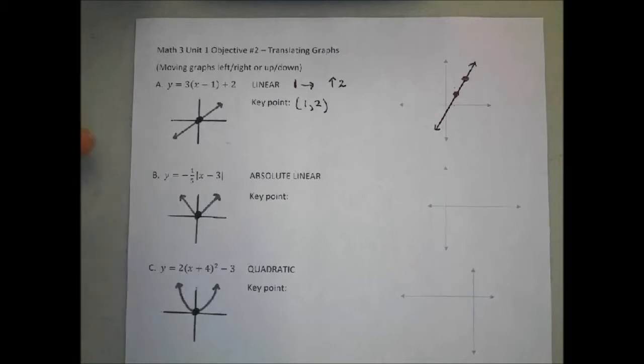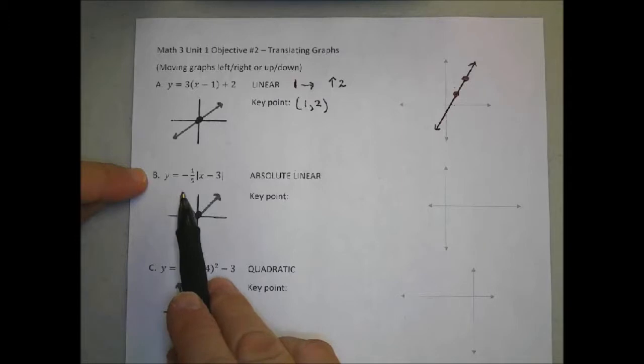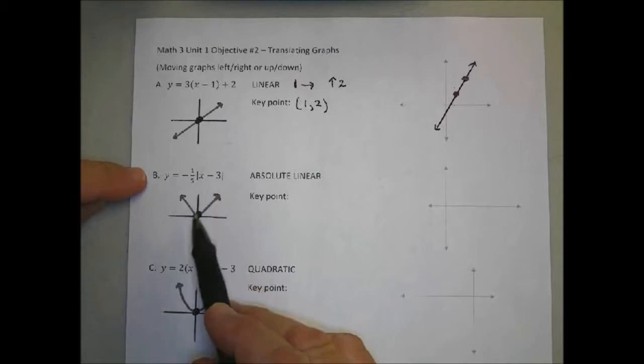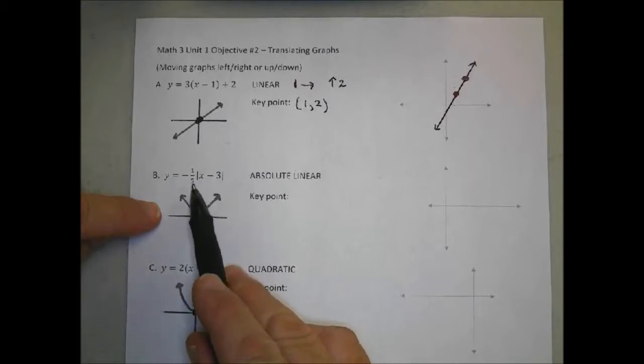Now moving on to the next example, example B. Again, from the characteristics of the equation, we know that this is an absolute value linear, so it's going to make a V. But it isn't this V, because a couple of things are changing. The slope is not 1, it's -1/5.